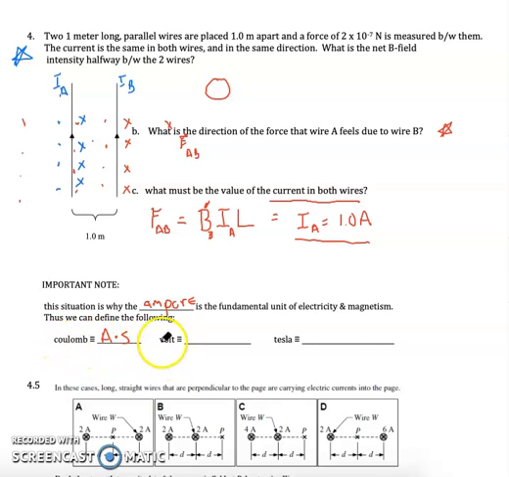The volt can also be defined in terms of an ampere, in terms of Ohm's law, or, probably more easily, in terms of power. Voltage is power divided by current, right? And we could break the power down into kilogram meters squared per second cubed, divided by an ampere.